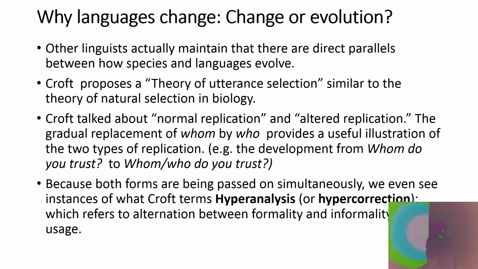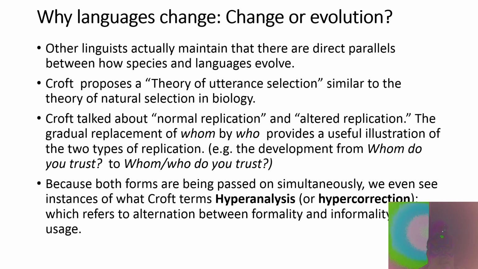Now I'm going to give you an example of someone who is concerned with the concept of evolution, and this person is called Croft. And Croft gives us a theory, and he called it the theory of utterance selection.